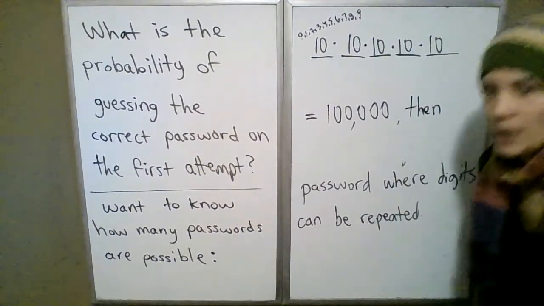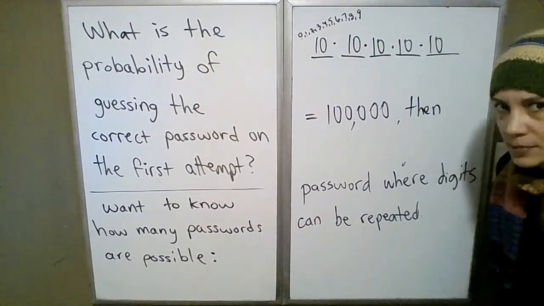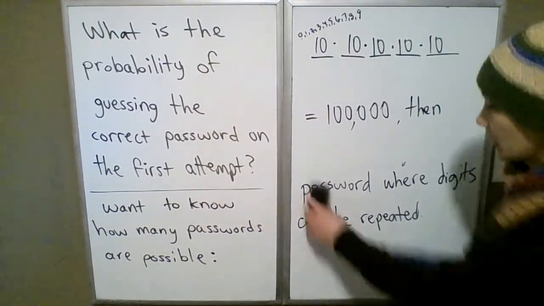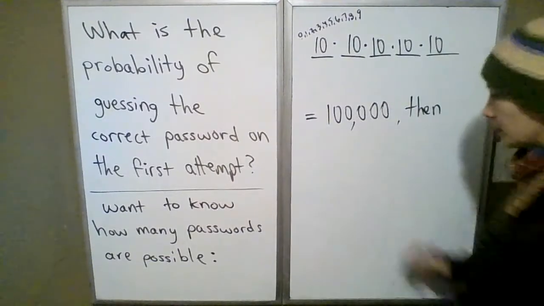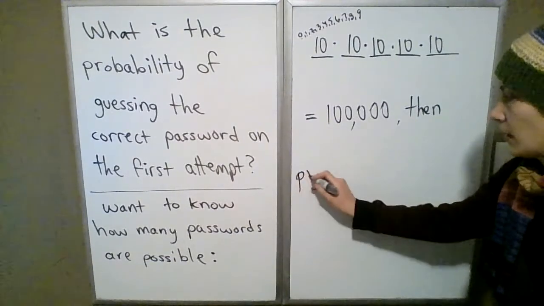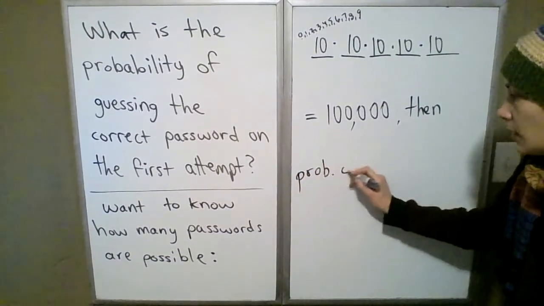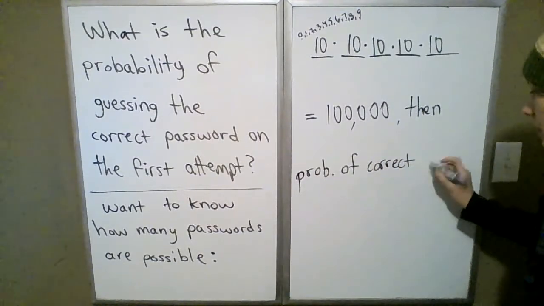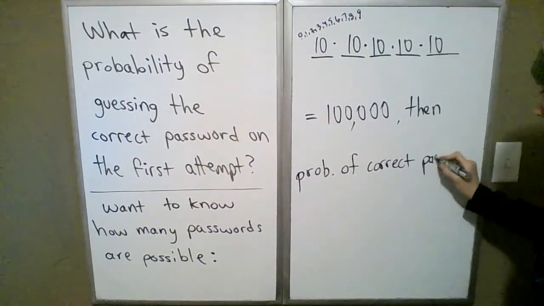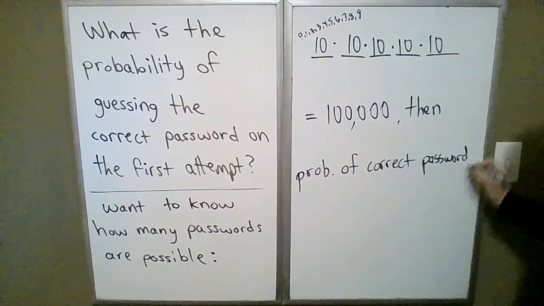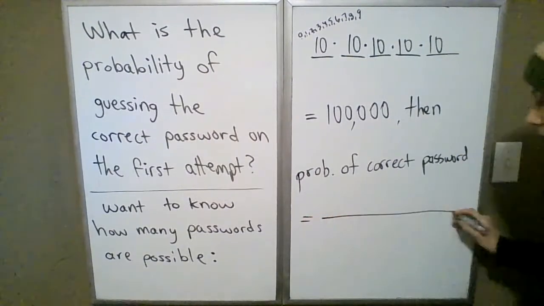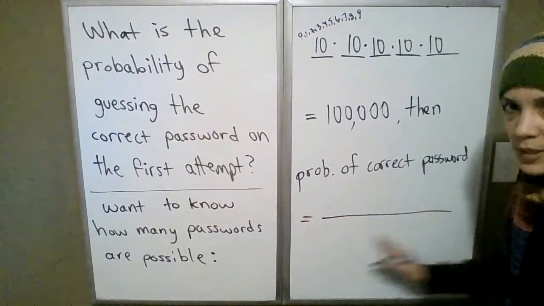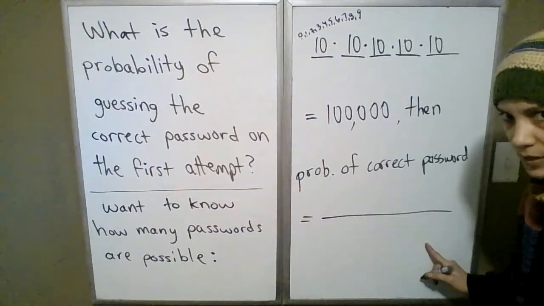Okay, so this is part of finding the probability. The probability is the number of correct passwords divided by all possible passwords.